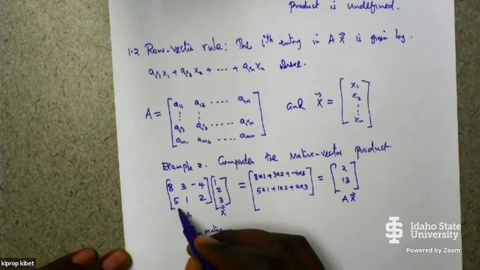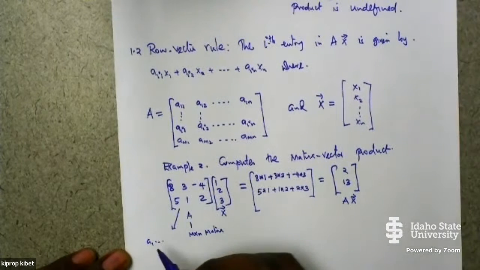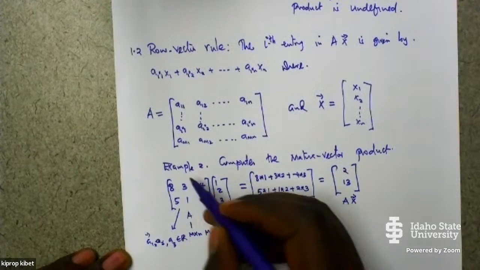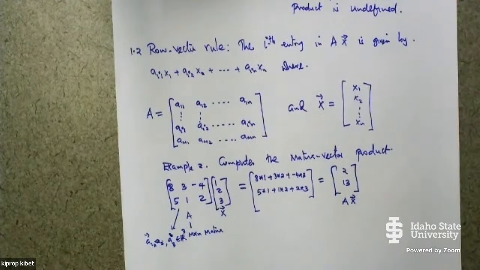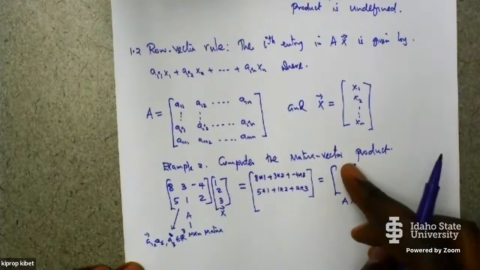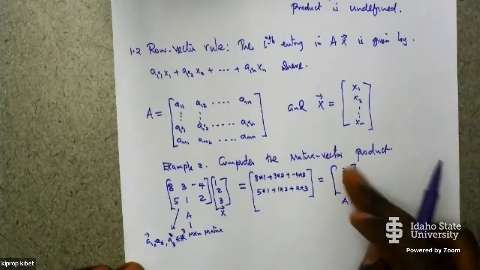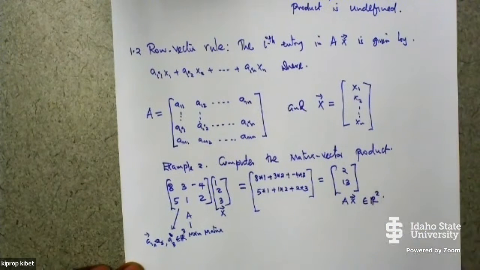The entries A1, A2, and A3 in this case are 3 elements in R3. Now, what we get in the product are 2 entries, so these are elements in R2.